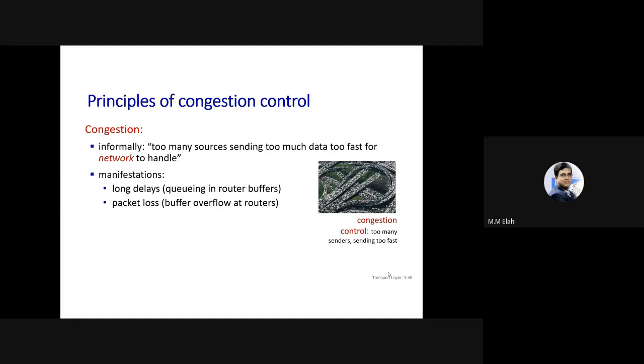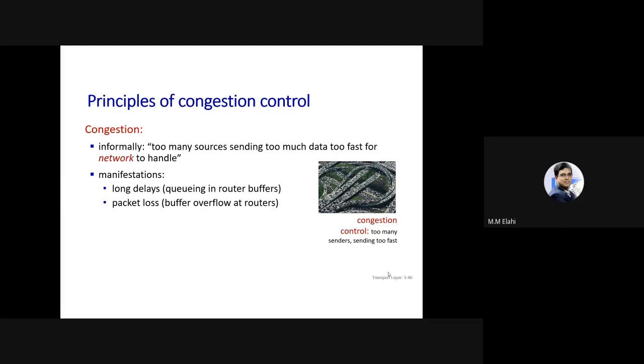That means the road is occupied by more cars, maybe for several reasons. Similarly, when a huge number of packets are piled up in queues, in intermediate nodes or in the end systems, this creates congestion. So the definition, informally, is: too many sources sending too much data too fast for the network to handle.